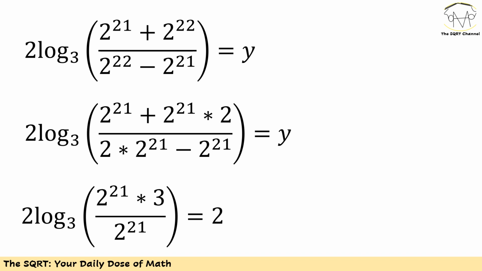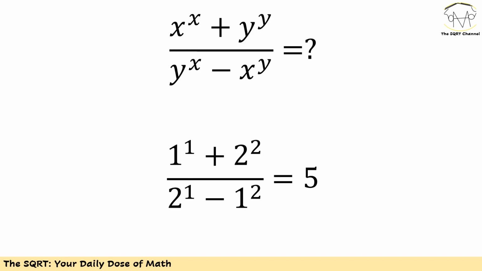At the end, what I have here is 3 times 2 to the power of 21 over 2 to the power of 21, which is easy to simplify, and I'm going to end up with 3. Now I need to take log of this value in base 3, which is going to be 1, and then I need to multiply that by 2. The result is y is going to be 2.